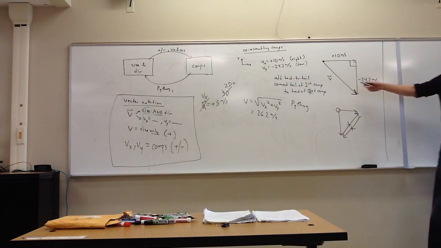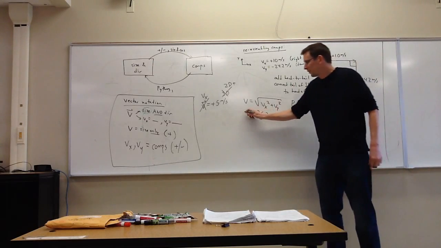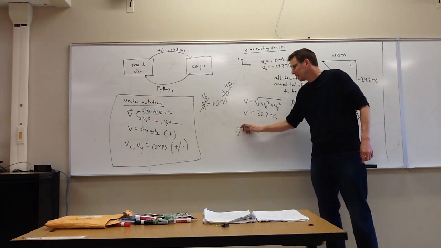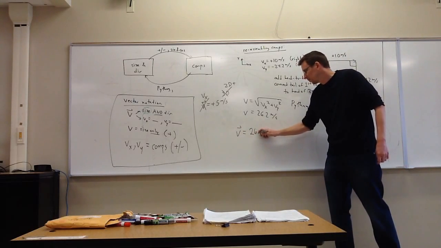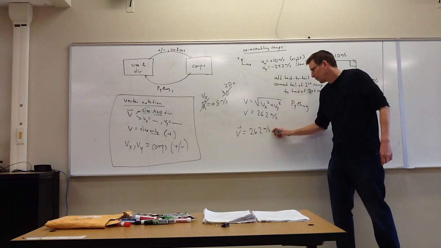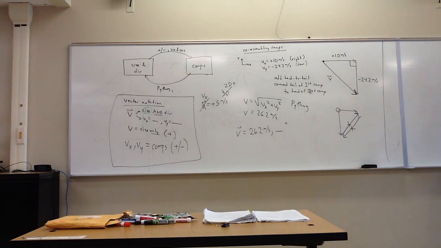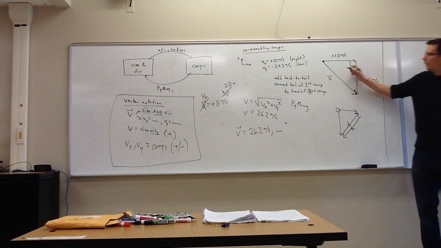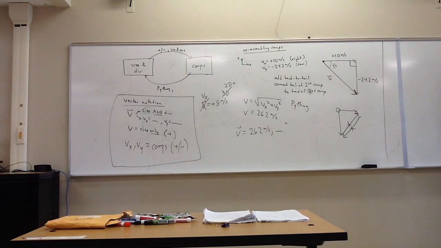So there is the length, of course, but this is just the size of it. We should probably find the entire vector. So we've just found that the size is 26.2 meters per second. But to make it a vector, we should figure out how many degrees it is from a nearby axis. And it looks like perhaps the easiest axis to refer to would be the plus x-axis.